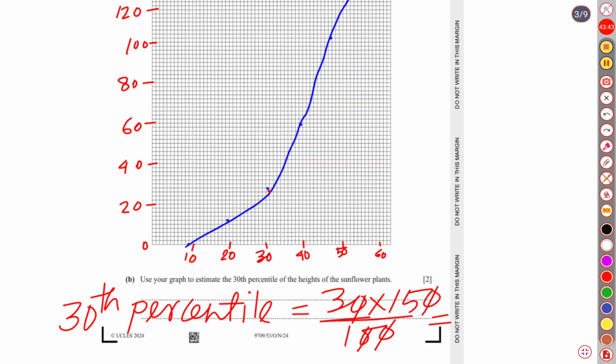Let us find 45th data. The 45th data is over here, between 40 and 60, so it will be over here. How much is this? It will be 36. The graph may not look exact, but it is.